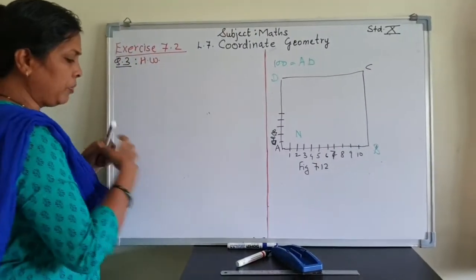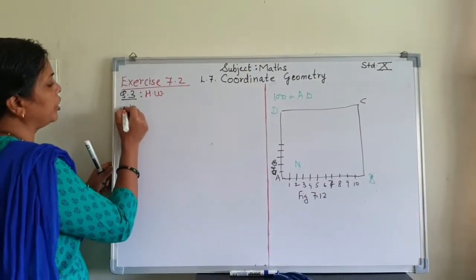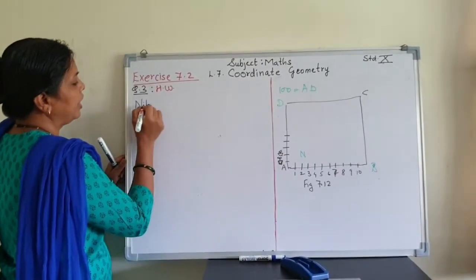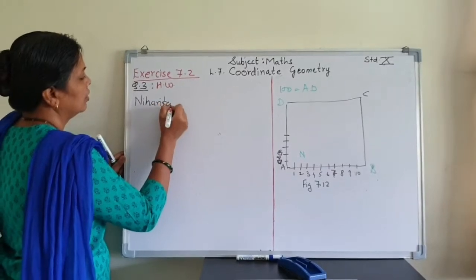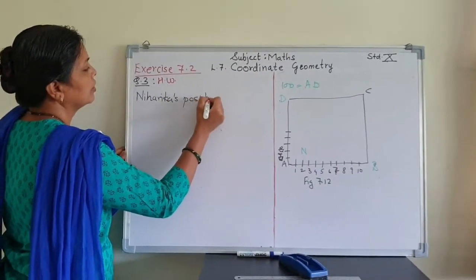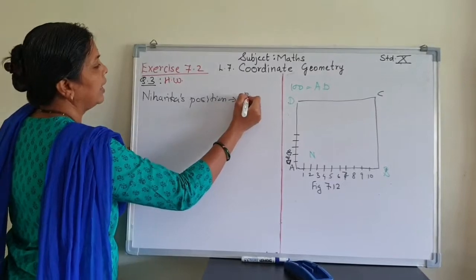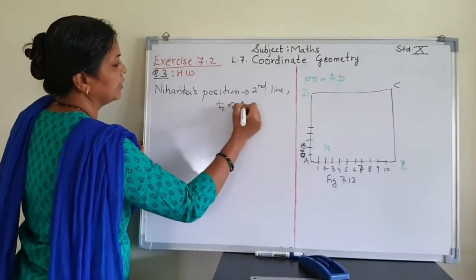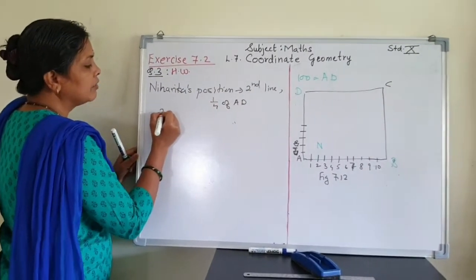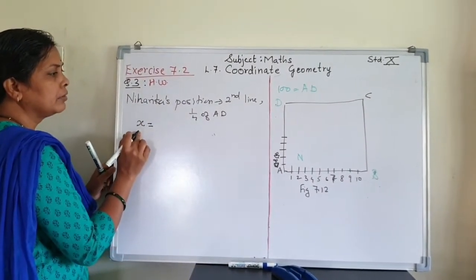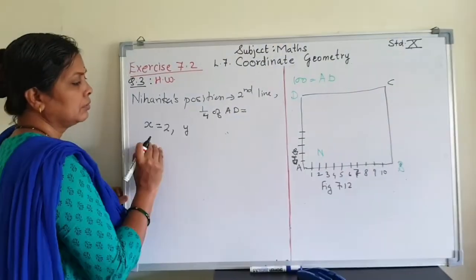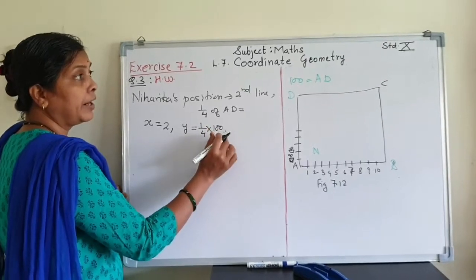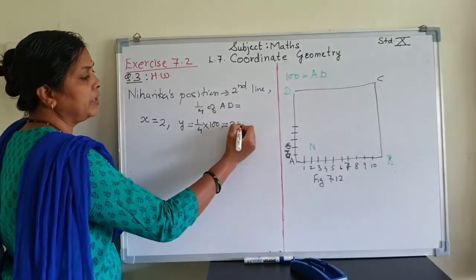Now they have not given you the coordinates of any point. Niharika's position is the second line and 1/4 of AD. Second line means the x coordinate is 2, and the y coordinate is 1/4 of AD. AD means 100 units, so 1/4 of AD means 25.